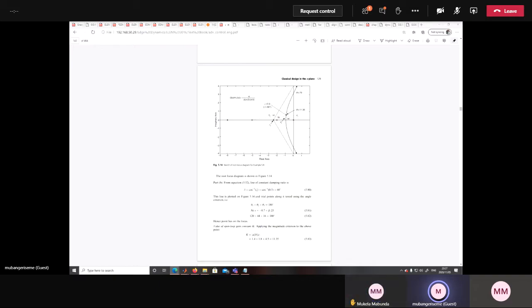So for a particular point, no, but if we maintain that ratio, then yeah, I knew there was that thing, a point lying on the locus, the angle criterion. All angle vectors between the open loop poles and zeros to point S1 must equal 180.